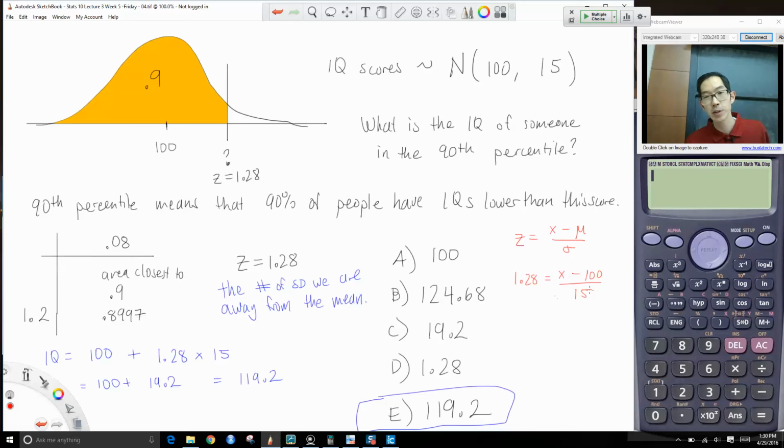We're going to solve for x. 15 times 1.28 is equal to x minus 100. And we find that we add 100 to both sides. We get the exact same operation. 100 plus 15 times 1.28, so we get 119.2 is equal to x. Okay?